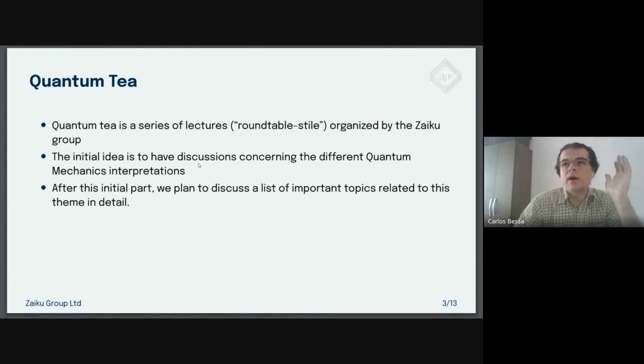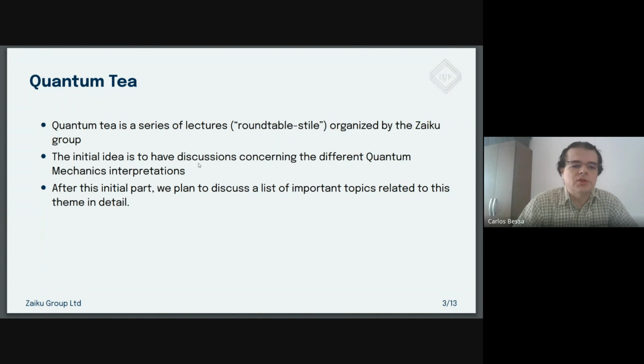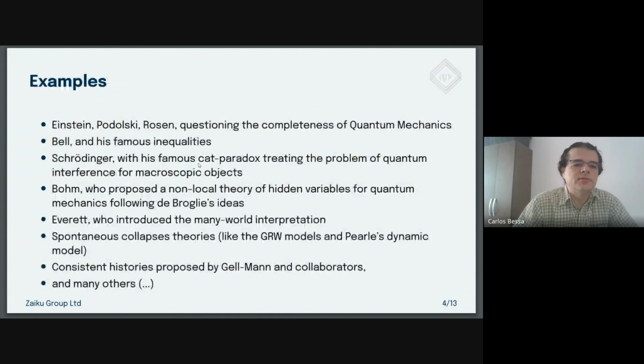In principle, I will always bring a topic, and from this topic, when I show the slides, we open for discussion. We can discuss not only the things related to the slides. The slides are just for people that are not familiar, but when we start the discussion, you guys are free to discuss the topics you want. So this is the idea.